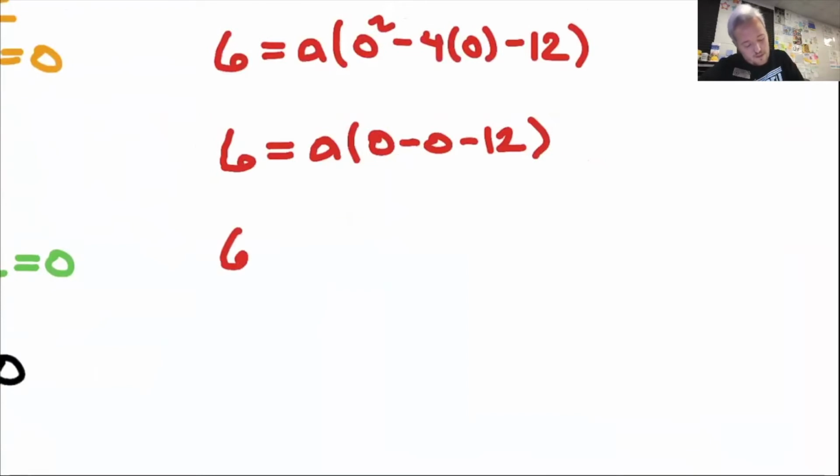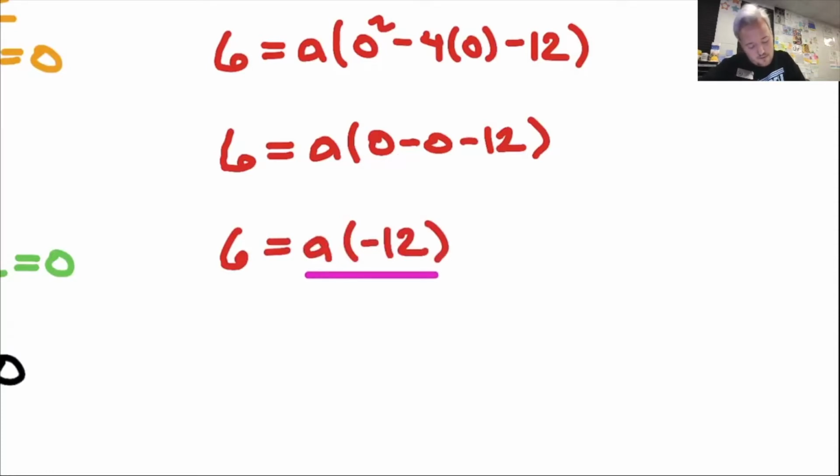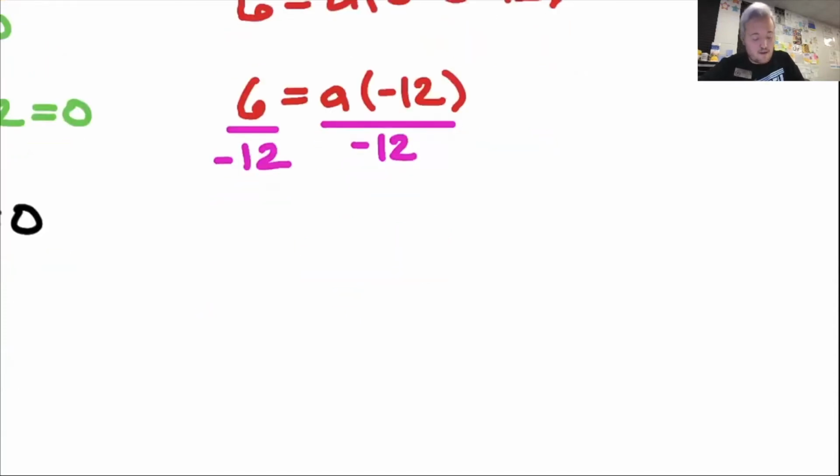So you're going to have 6 equals a parentheses -12. So I'm going to divide both sides by negative 12. So 6 divided by a negative 12, that's going to give you an a value of negative 1/2.